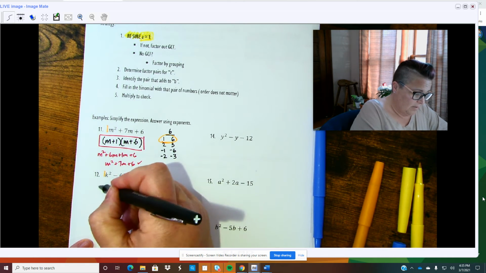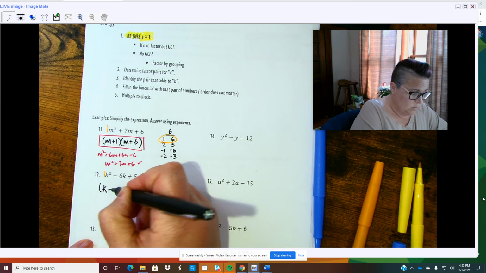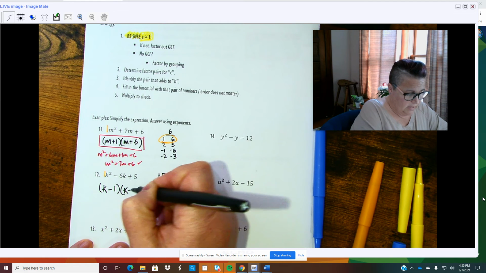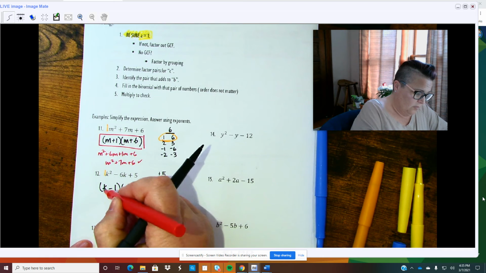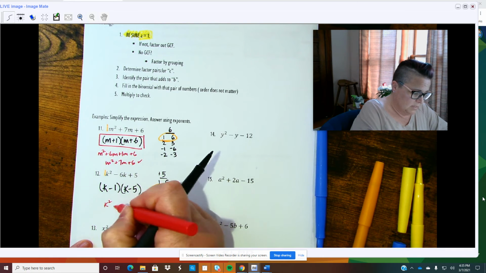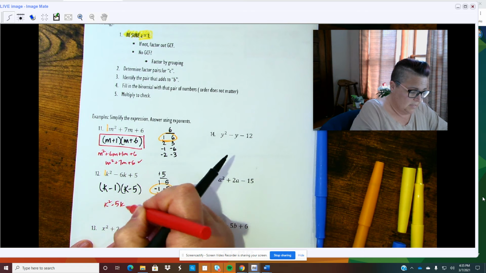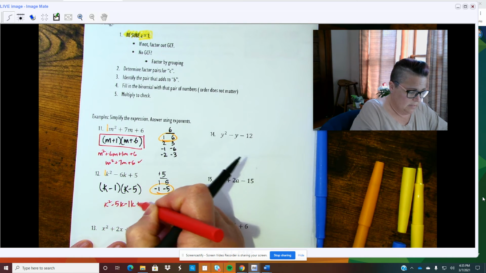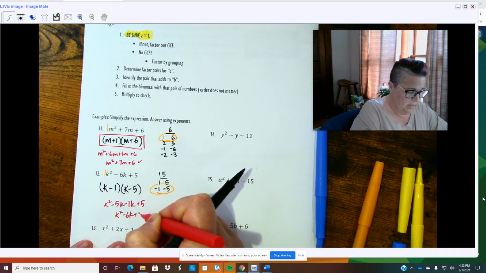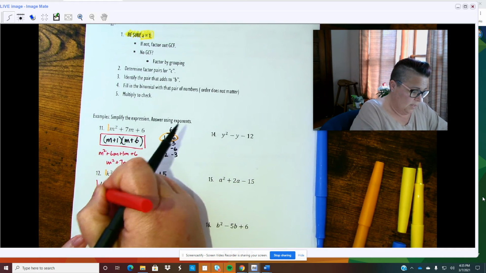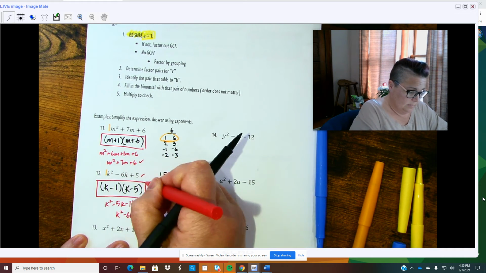That tells me that my factors here will be k minus 1 and k minus 5. Again, if I'm unsure, I can check. First, k squared, outside minus 5k, inside minus 1k, last plus 5, or k squared minus 6k plus 5. And it checks. So this is correct.